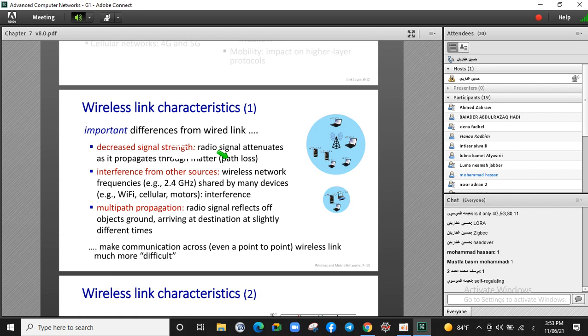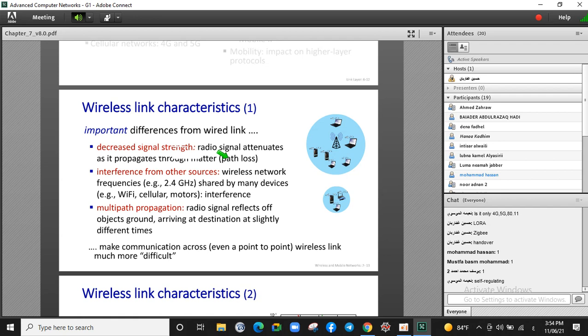In chapter 1 we called it guided media or unguided media, and we said that in a guided media you can control the paths toward a destination, you can control everything, but in a wireless network you cannot. So we have path loss, and the signal strength in wireless networks can decrease faster than in a wired network.